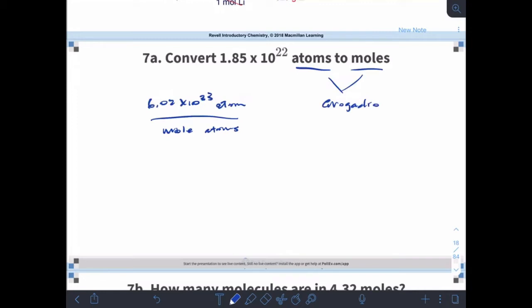Okay, so let's approach this like any other conversion problem. And again, I encourage you to pause this video, work it out yourself, and then see if you get the same answer. That's where you get the practice. All right, so assuming you've done that, we're going to start with our given information.